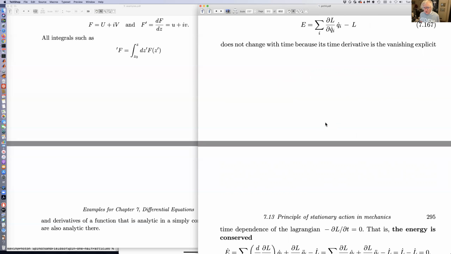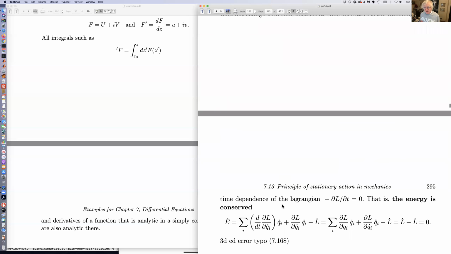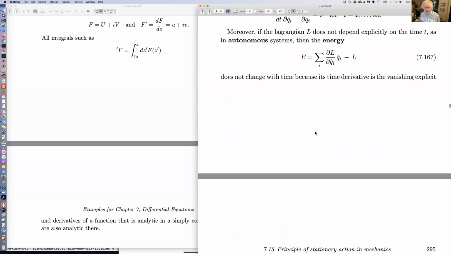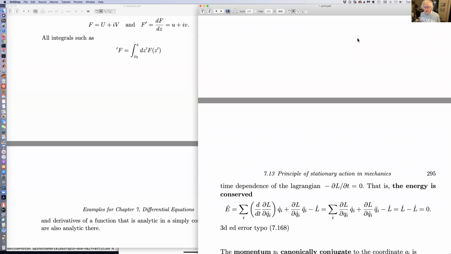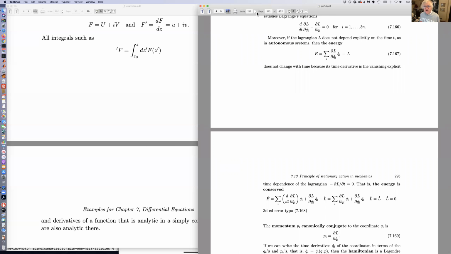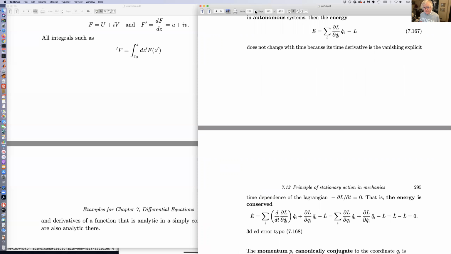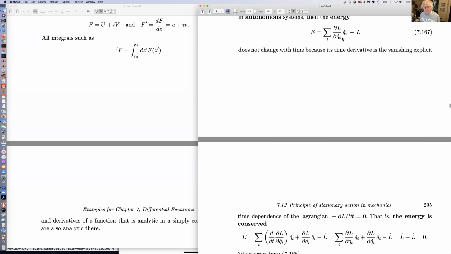So what is the time derivative then of the energy? Well, the time derivative of the energy then is the time derivative of the first term times Q dot. So it's the time derivative of the first term times the second plus the first term times the time derivative of the second minus the time derivative of the last term.